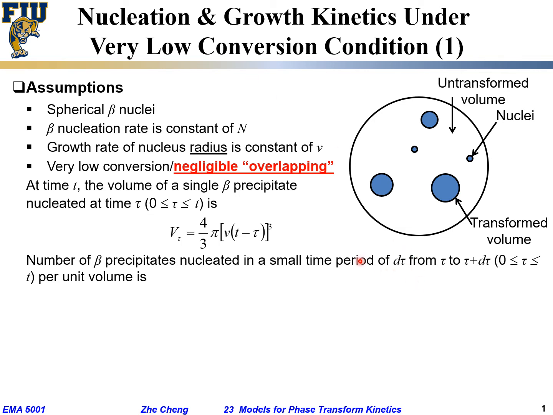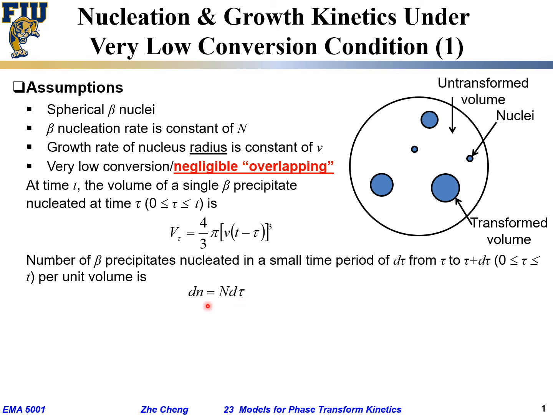The number of such spherical beta precipitates formed in that small incremental time d tau, per unit volume, we call dn. dn equals n, which is our so-called constant nucleation rate, times d tau. And of course, we say per unit volume, so we can multiply by 1, which is the same value.